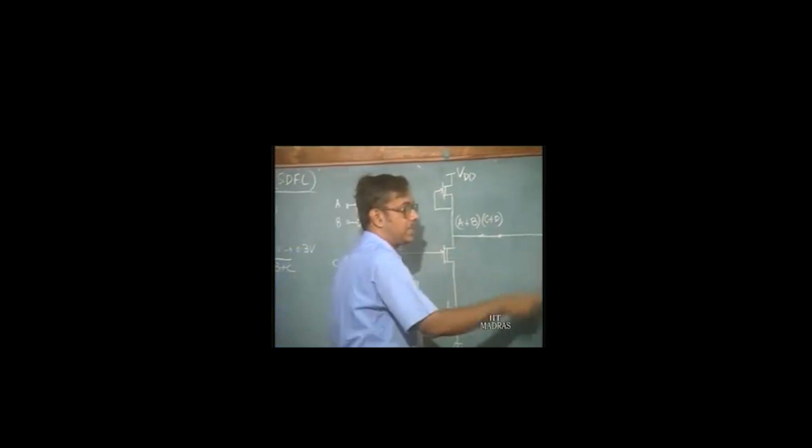For both the transistors here to conduct, you have E or F and G or H, and if any of these two conditions are satisfied, then the output is going to go low. So you have an OR function here, and since the output is going low when any of these conditions are satisfied, you have a bar here. So the logic which you achieve is A or B and C or D, or E or F and G or H.